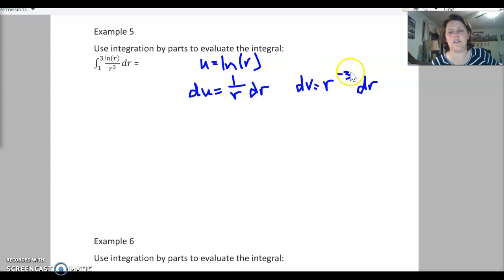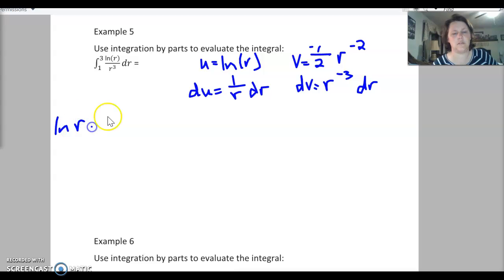And then the integral of this one over here, we're going to add 1, divide by that number. So negative 1/2 r to the negative 2. And now we're ready for our equation. So uv, so the natural log of r times negative 1/2 r to the negative 2.